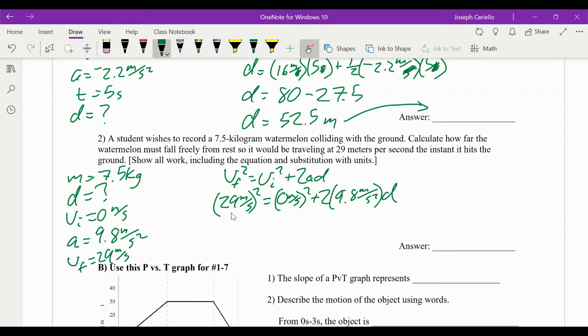All right, so 29 squared I think comes out to be 841. 0 squared is 0. We have 19.6 d. And we're going to divide both sides there by 19.6. So 841 divided by 19.6 is about 43 meters. All right, and there we have it.